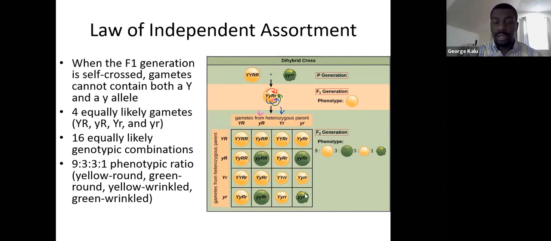And then 1 green and wrinkled, one that expresses a double homozygous recessive genotype here. Like I said, these ones are a little more complicated because there are a few extra steps, and analyzing these Punnett squares is a little more complicated.